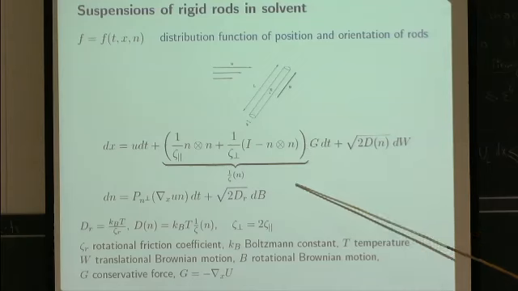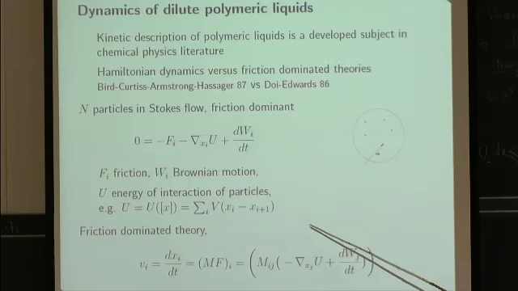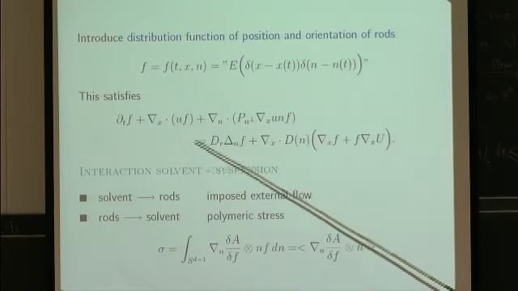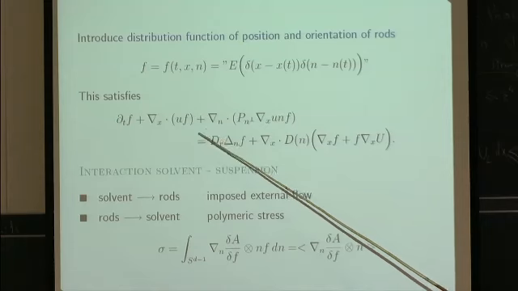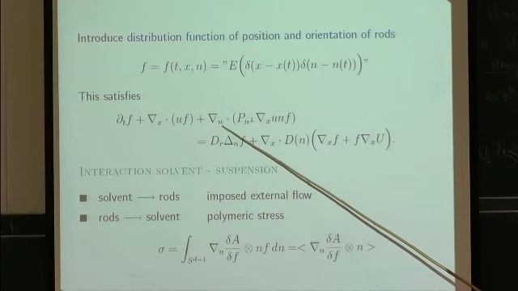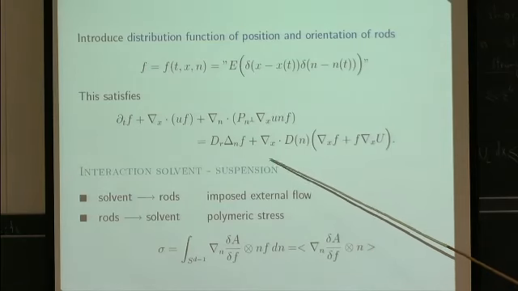And you take these equations here, and if everything is smooth, you do Ito calculus, and then you write the kinetic equation here. It has a transport term in x, well, a transport term in n, where n now will move on the sphere.